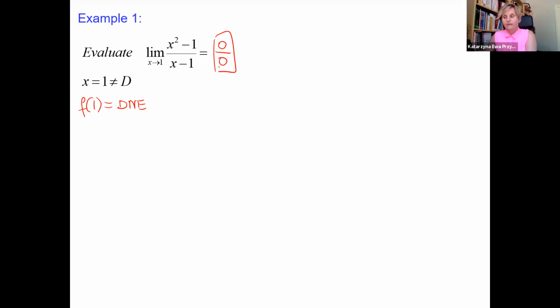We remember this indicates that both of the polynomials, the numerator and denominator, have something in common at 1, as x is approaching 1. That common factor has to be found. We have to find this common factor and cancel it out, if this is possible, hopefully it is. By doing some algebraic manipulation, we can find this common factor.